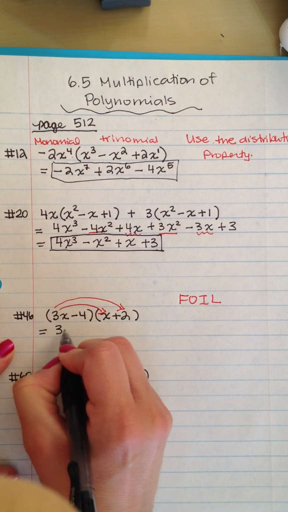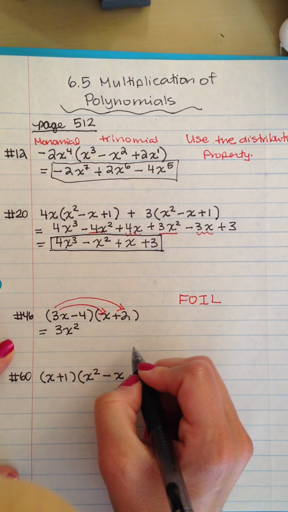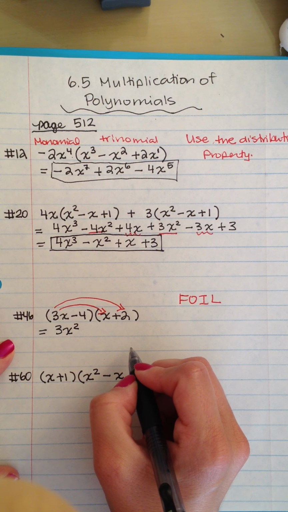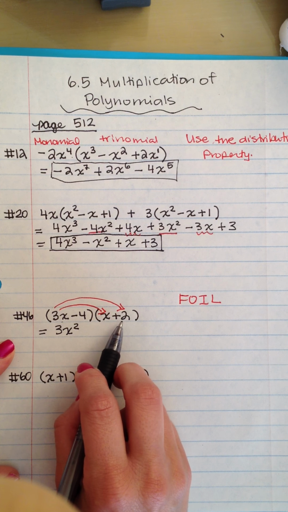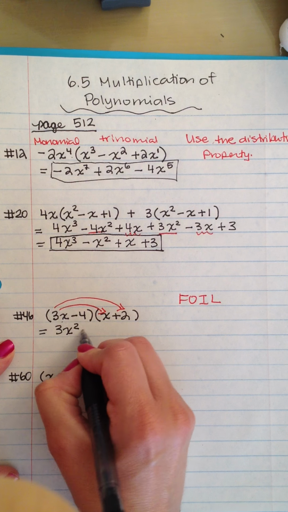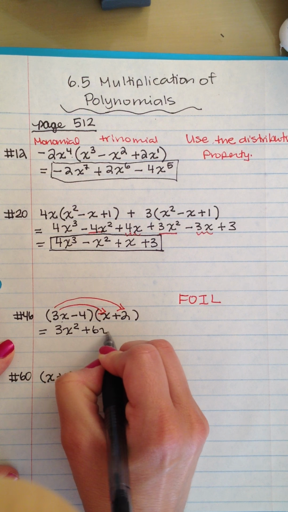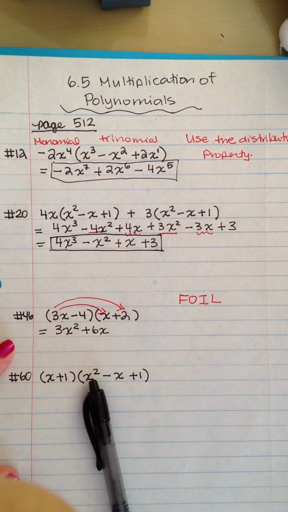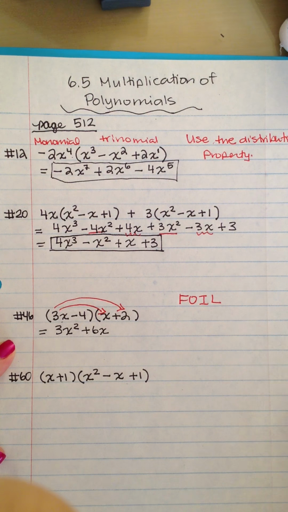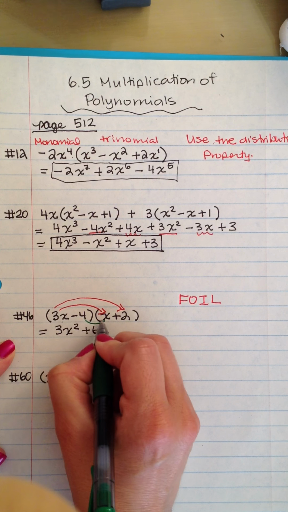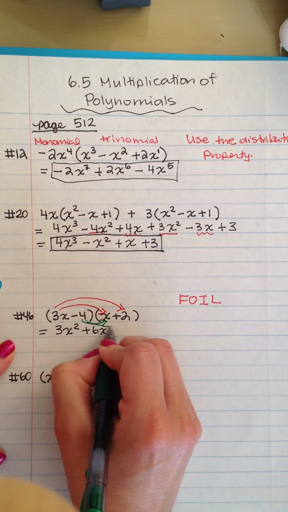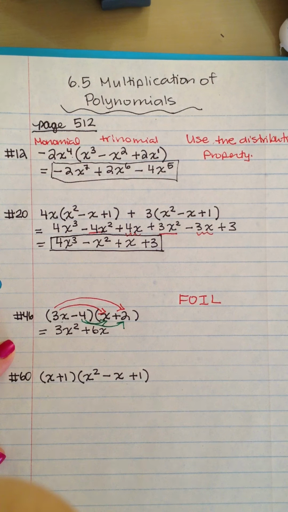That gives us 3x squared. Again, you need to add your exponents. Then we have 3x times a positive 2, plus 6x. Next, you need to multiply negative 4 times x and negative 4 times 2.